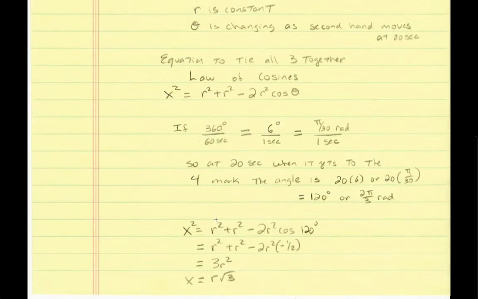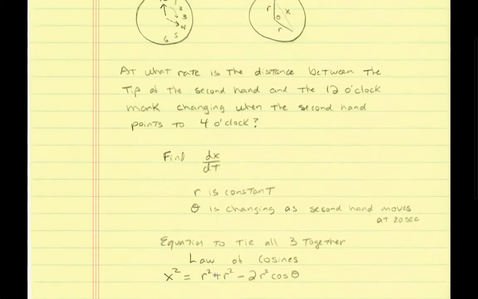Next, here's my equation as it is. If I take this equation and plug in 120, I can find my x length at that point. With r squared and r squared, they don't give us a size clock, so we're going to keep that blank. Cosine of 120 degrees, or 2 pi over 3, is negative 1/2, which means the x length is the square root of 3 times the radius.